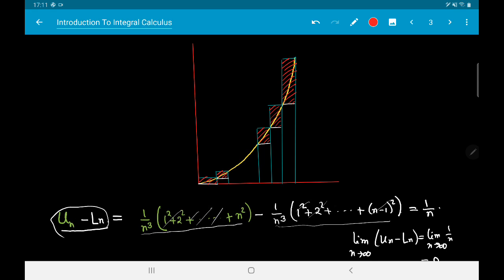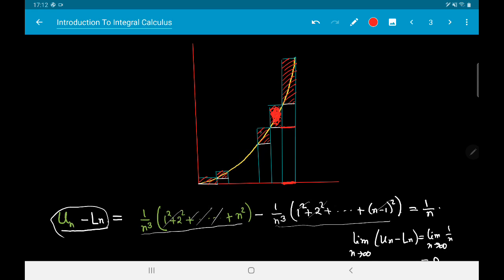So what we can see is that we know the length of the base of each rectangle is the same. So if you want, you could just copy and paste this small rectangle which contributes to un minus ln here.